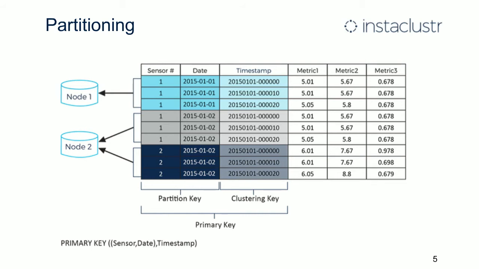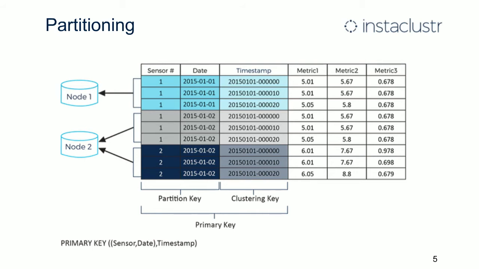So the entire partition has to be stored on a single node, which is a key concept to understand there. What that means is that if your partitions get too big, and we'll talk in a second about what too big is, it can cause issues where nodes are too full or aren't balanced properly, and other issues as well.